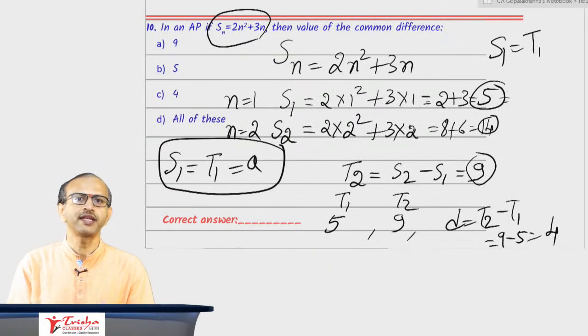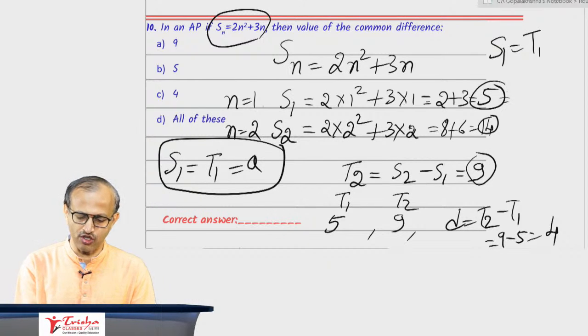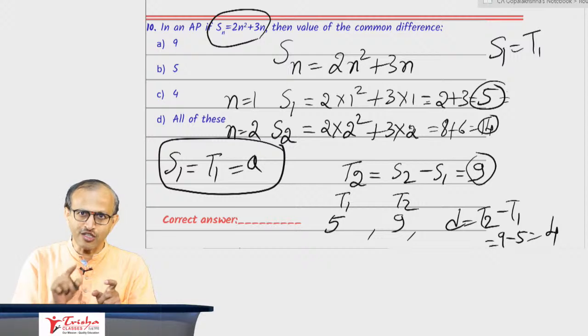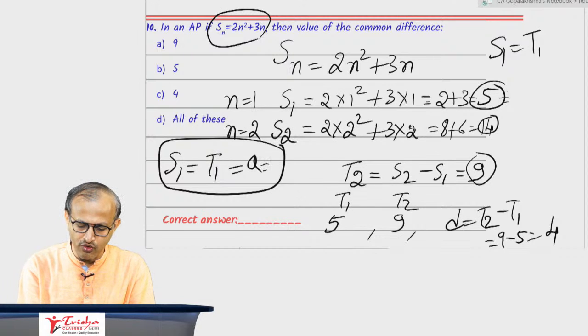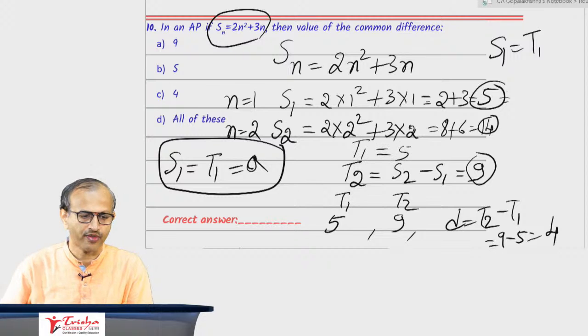I will slowly explain. Sn is given. Put n is equal to 1, n is equal to 2. S1, the sum of the first term, gives you 5. S2, the sum of two terms, gives 14. So S1 and T1 are the same, that is equal to A, and we found that T1 is 5.